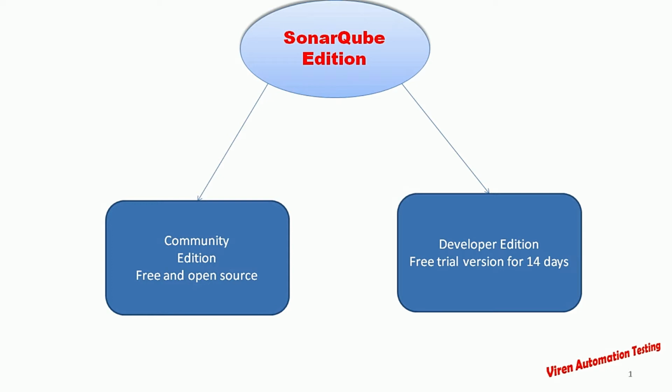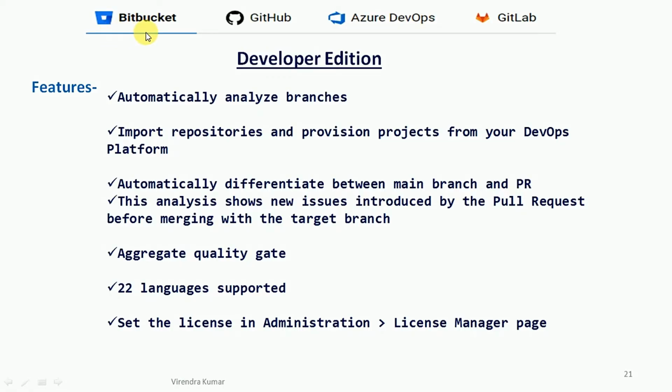There are a few features. We are working with source code repositories like Bitbucket, GitHub, Azure DevOps, and GitLab. SonarQube supports these four tools for connecting with source code management. Now, what are the features? The first feature is that it automatically analyzes the branches. Let's suppose I am working with GitHub, and on GitHub my project is there.